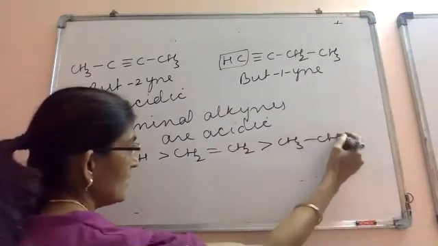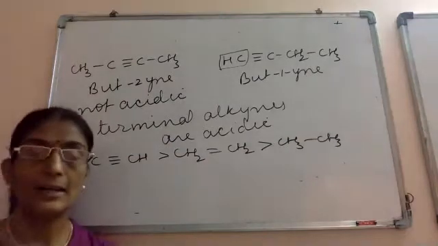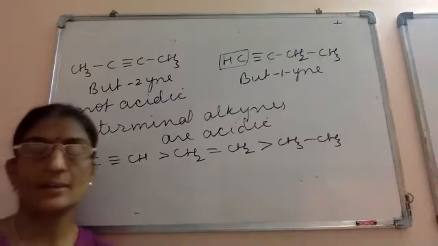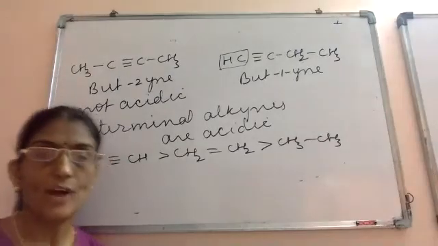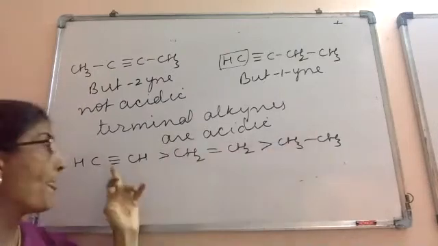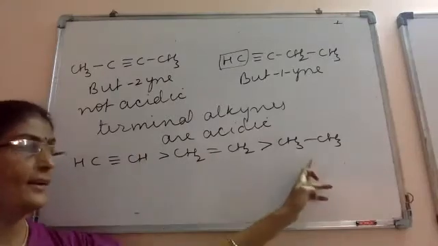This is the acidic order of alkyne, alkene and alkane. कोई पूछे why it is most acidic? Because hybrid state of carbon is sp, here sp2, sp3. S character maximum 50%, 33.33%, 25%.